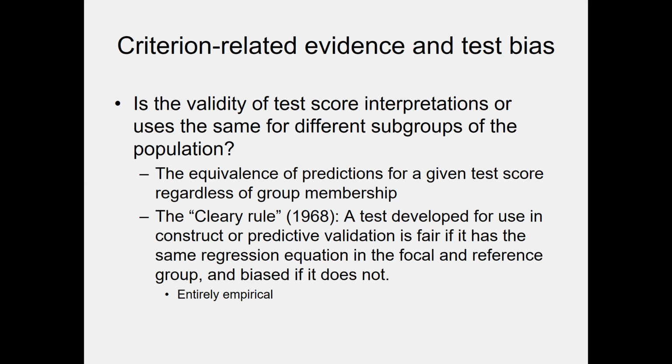And as always with bias, if you detect it statistically, you want to go and look at where it's coming from. It usually, almost always, is going to be considered problematic, but it is often not direct bias. It is often bias that is related to other sources of disparities.